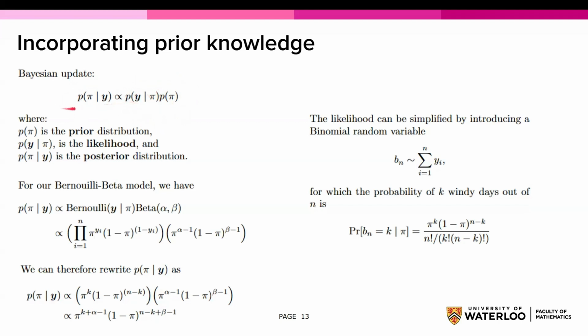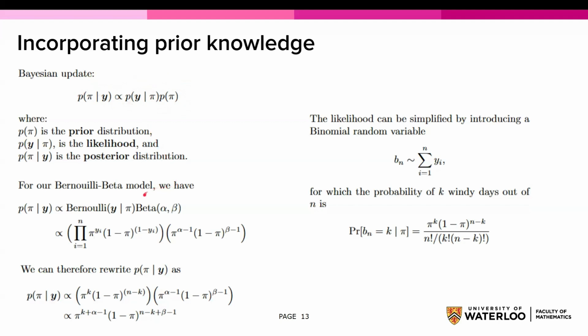So yeah, this equation at the top here shows the key idea of Bayesian updating. Posterior distribution of pi, given the data, is proportional to the product of the likelihood and the prior. So this tells us that the posterior combines our initial beliefs with the insights that we gained from the data.